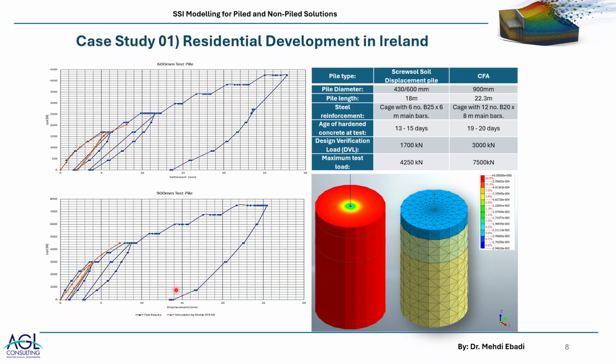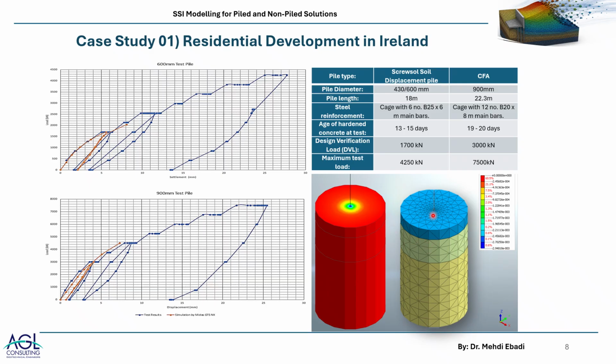So we managed those calibrations, and the orange points that you can see here, which are pretty good, actually following or matching the test results, are the results from MIDAS. And the model is shown here. We used a polar system of triangular in-plane elements, and we modeled each of these piles.